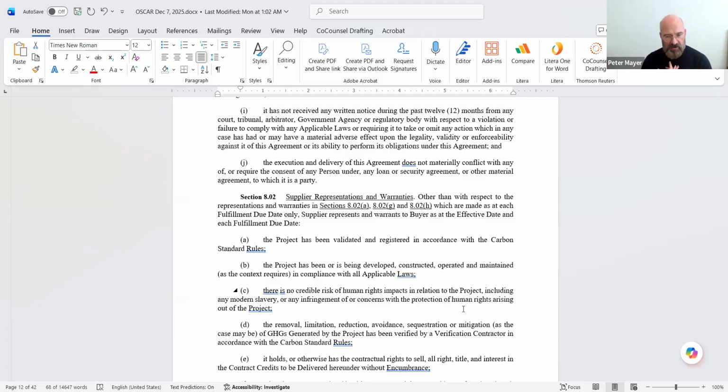Because as an intermediary, you're not involved with developing the project, and you don't have that first-hand experience. So you might want to say, to my best knowledge, the project has been validated and registered. But that's a small change to make depending on the particular facts and circumstances.